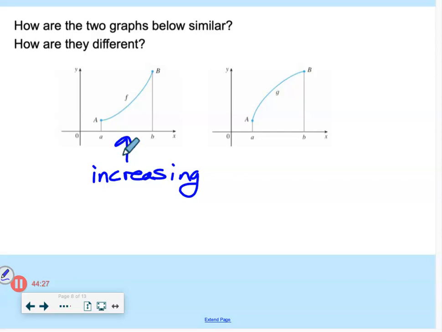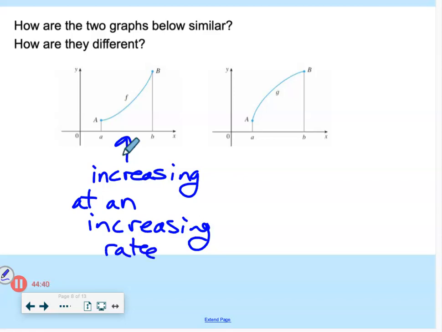So the slopes are positive and increasing. And the way that we write that is we say this graph is increasing at an increasing rate. Increasing at an increasing rate means the slopes are actually getting bigger.